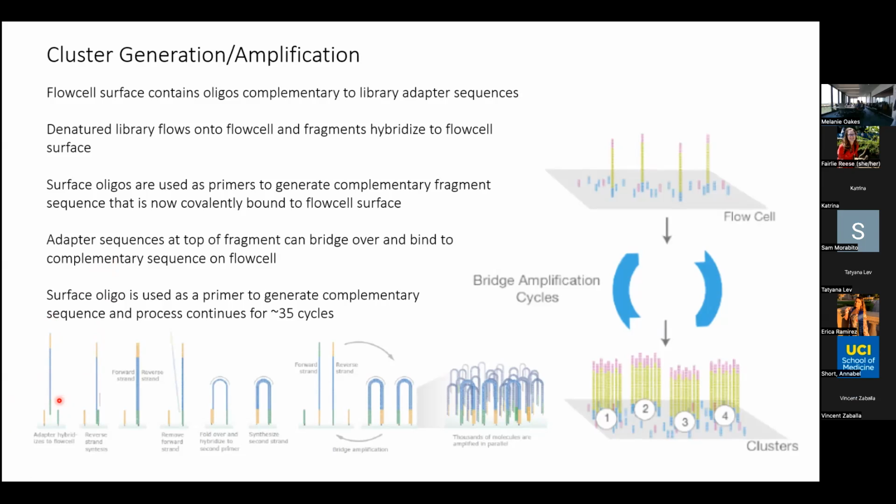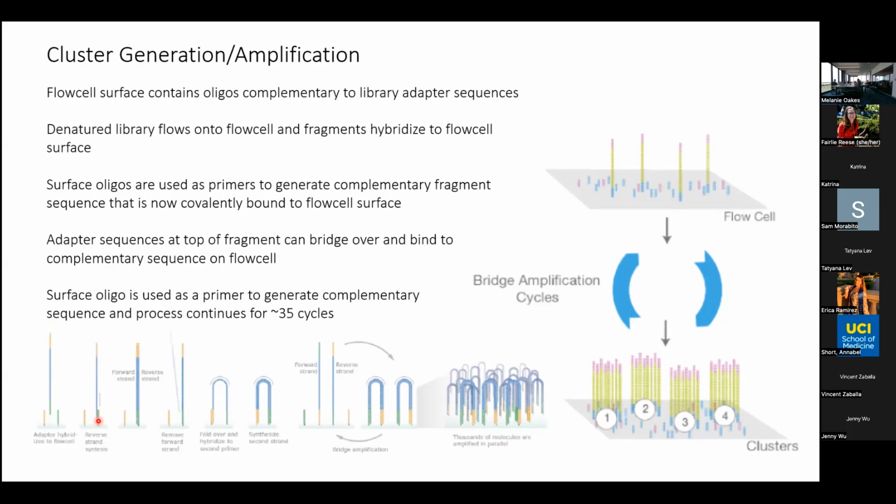Okay. So if we start down here on the bottom left, this represents our library that's got a P5 end as well as a P7. It then hybridizes to the correct oligo that's on the surface of the flow cell. And the chemistry uses that oligo as a primer. So it now makes a complementary template that's covalently attached to the surface of the flow cell.